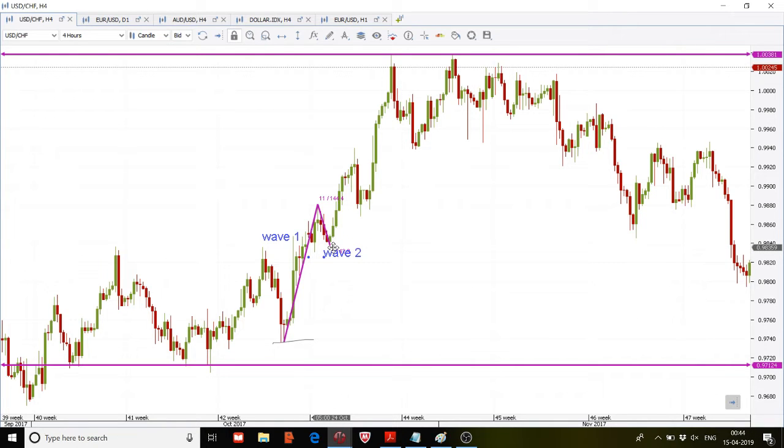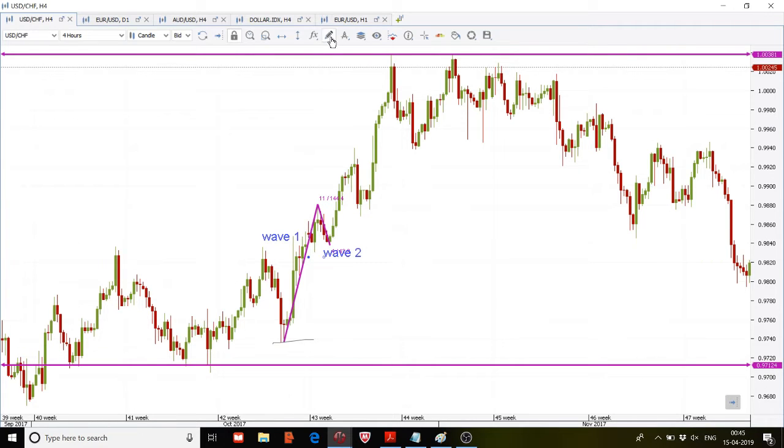So it satisfies our guideline or rule that wave 2 is not lower than the start of wave 1. Wave 2's end point is higher than the starting point of wave 1.